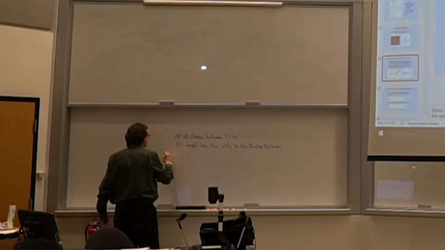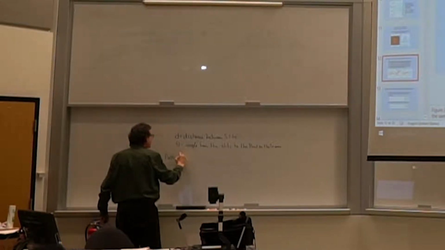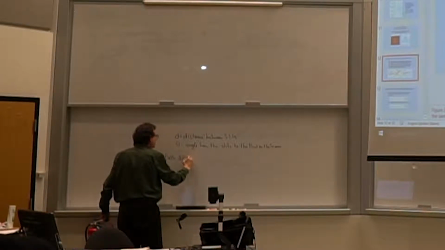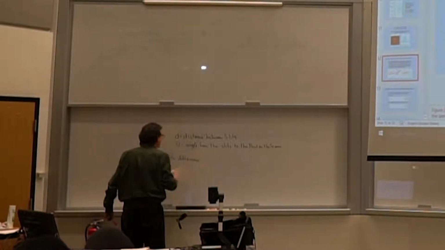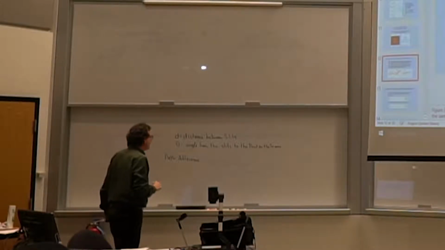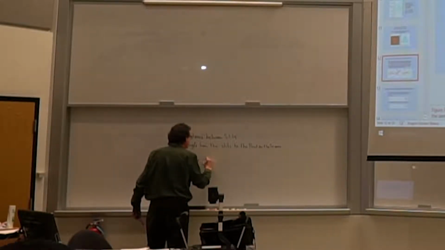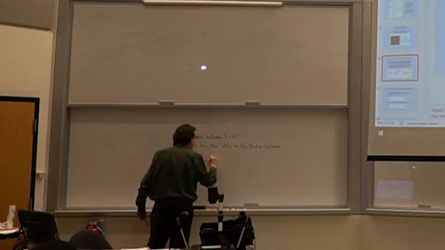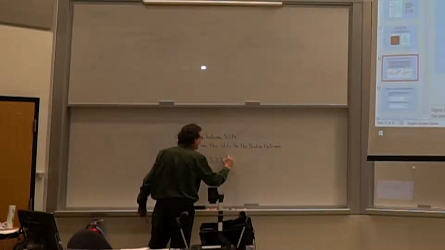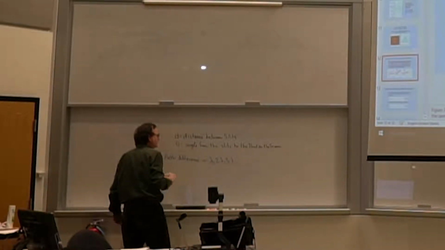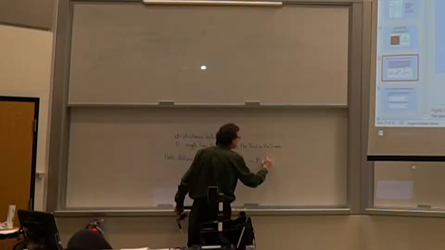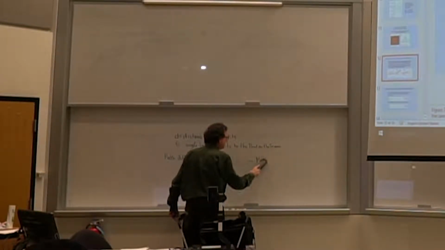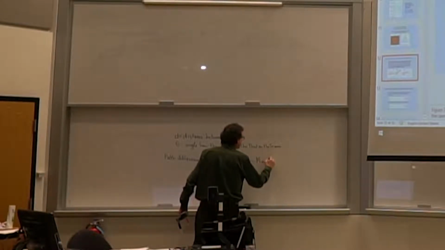And so the path difference between rays of light traveling from the upper slit to the distant point minus the path from the lower slit to the distant point, when that is equal to lambda or 2 lambda or 3 lambda, etc., then I will get maximum constructive interference, or another way of saying it, a bright spot.